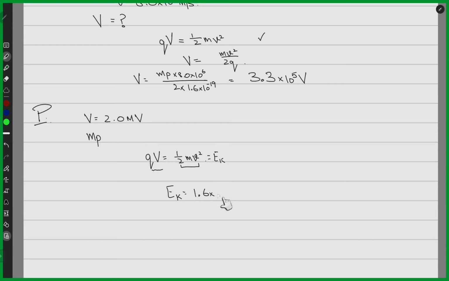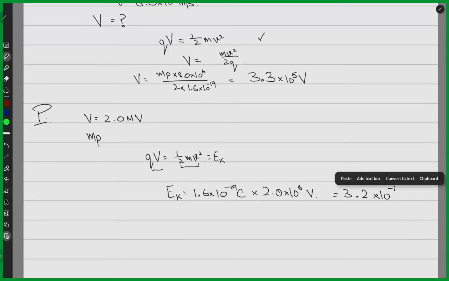Again, it would be 1.6 into 10 raised to power minus 19, which is the charge, times 2.0 into 10 raised to power 6 volts, because it's megavolts. And this would give you the kinetic energy, right? It's 3.2 into 10 raised to power minus 19 plus 6, so minus 13 joules. Is that also clear? A pretty straightforward question. Yes. Okay, clear?